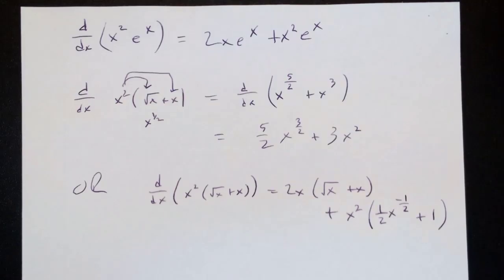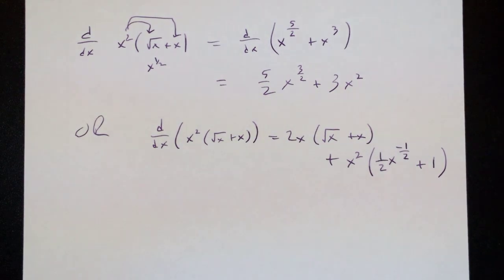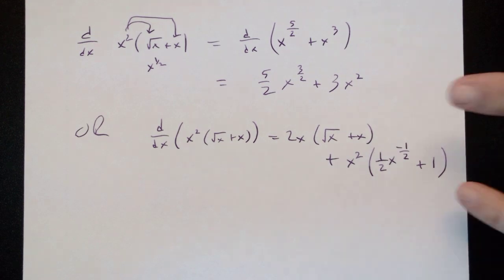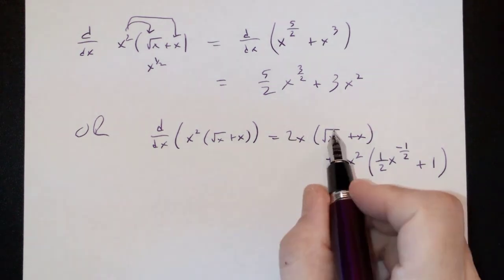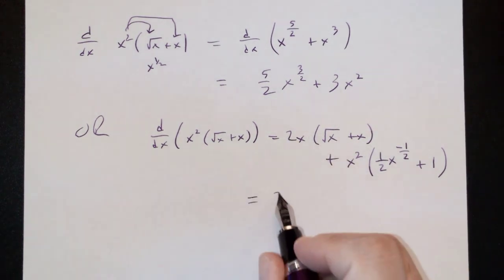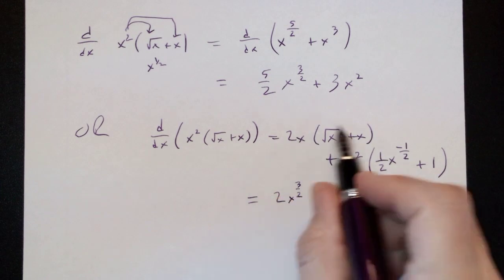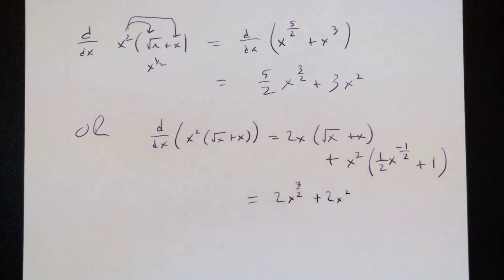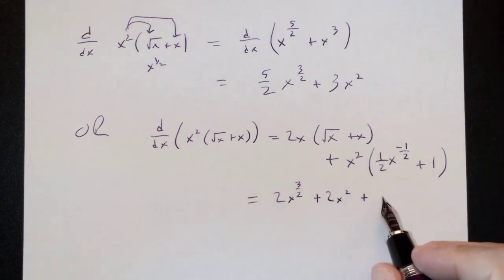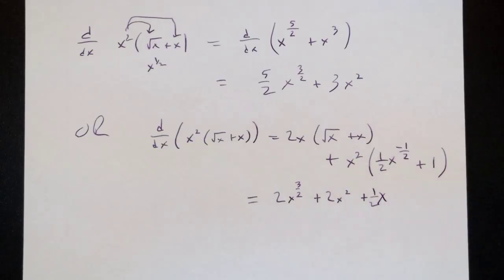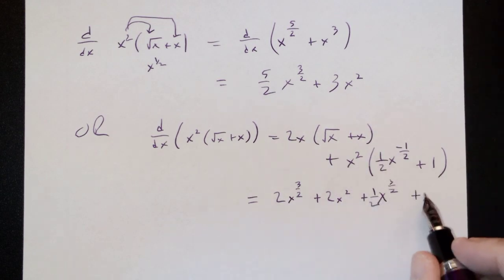Now, your first reaction may be to look at this and go, this does not look anything like the stuff above it. And you'd be right. They don't look very similar. But with a little bit of algebra, multiply this in here, and that gives me 2x to the 3/2 and 2x squared and 1/2 x to the 2 minus 1/2, 3/2, and an x squared.